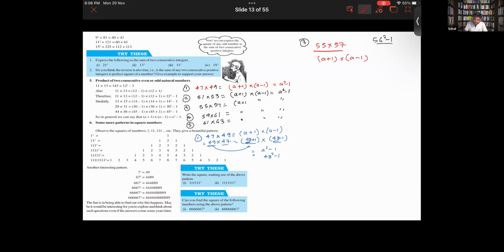Can I write 55 as 56 minus 1? Yes, obviously I can write it like this. And 57 can be written as 56 plus 1. So it is 56 plus 1 and then 56 minus 1. That is correct. 56 square minus 1 square, that is simply 56 square minus 1. Good. Sir, I sent it. You have sent it.